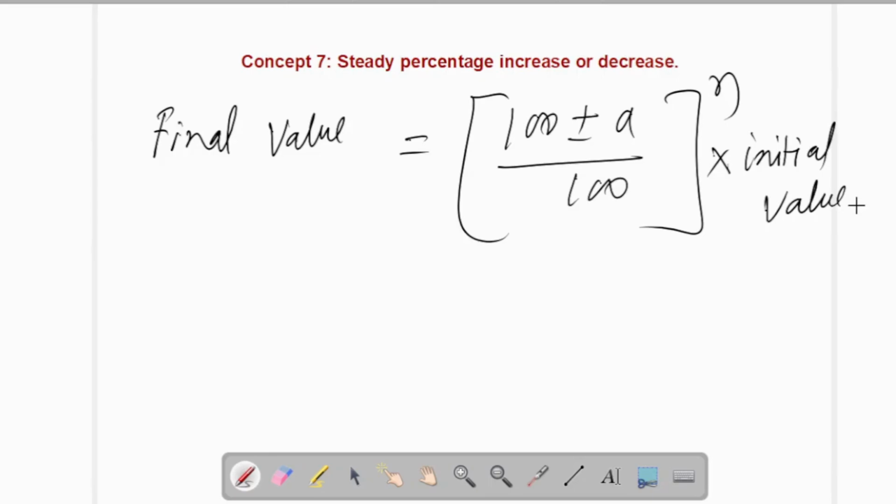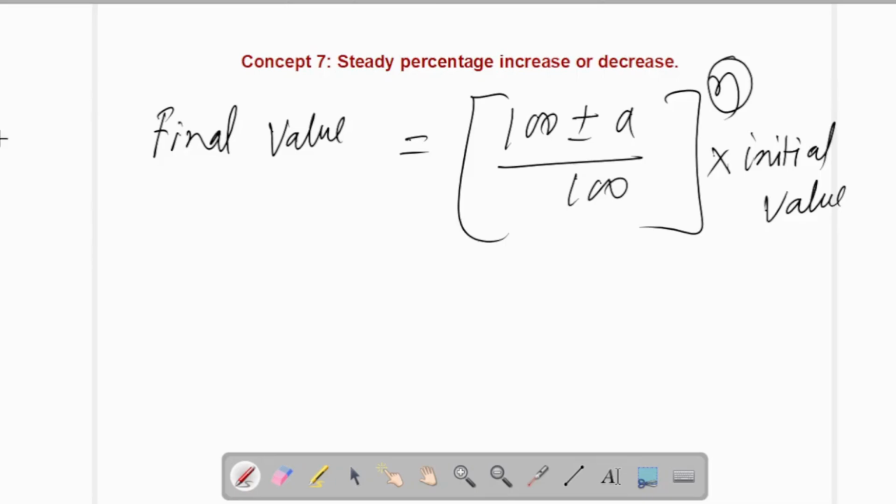So a is the steady rate of percentage increase or decrease. When we take the plus sign, that means the percentage increases. When we take the minus sign, that means the percentage decreases.